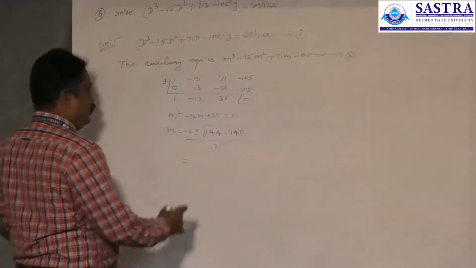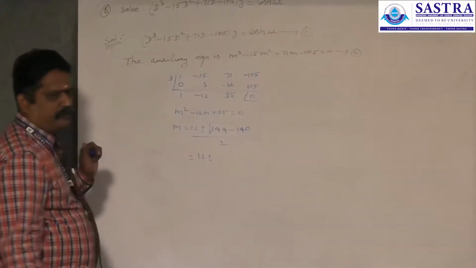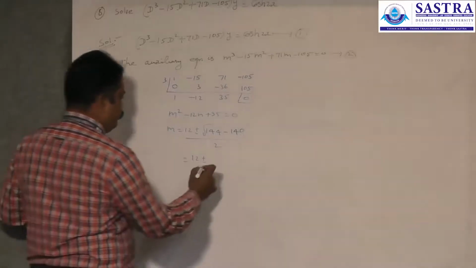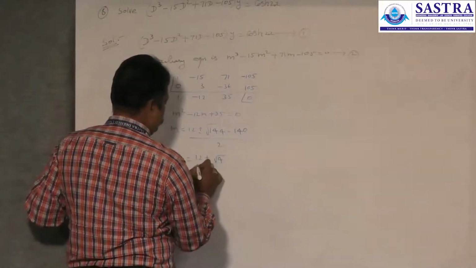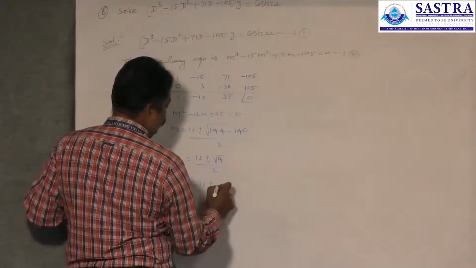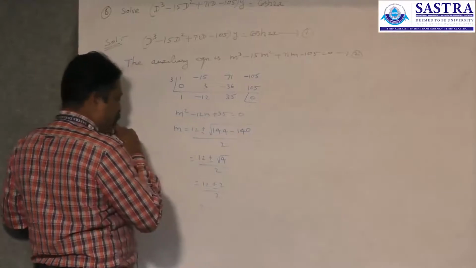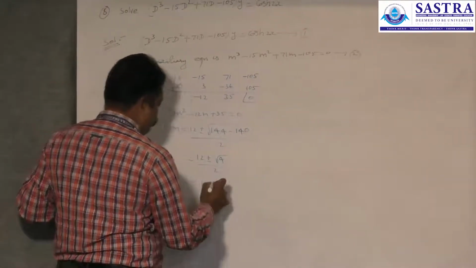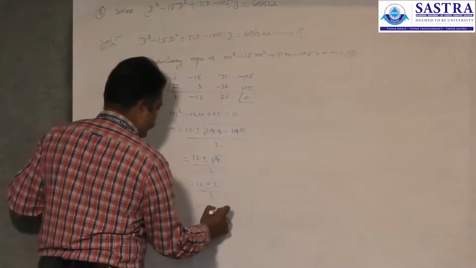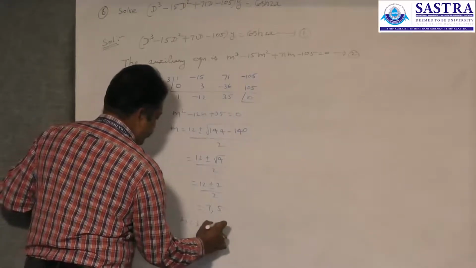Okay, fine. 12 plus or minus root of 144 minus 140, that is root 4, divided by 2. So this is 12 plus or minus 2 divided by 2. 12 plus 2, 14 by 2, 7. 12 minus 2, 10 by 2, 5. Therefore the roots are 3, 5, 7.